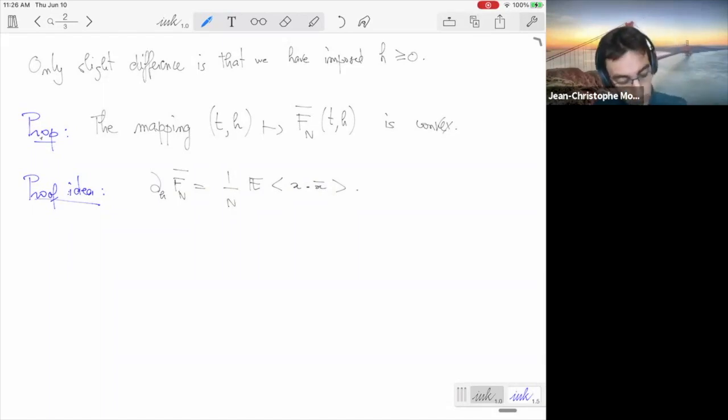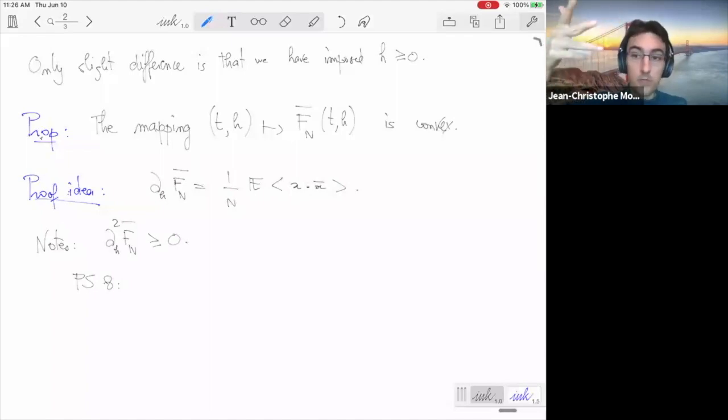So in the handwritten notes, there is a proof that indeed, if we differentiate twice, this is non-negative. And problem set number 8 is about completing the proof of this proposition. But in fact, when you differentiate in T, it's exactly the same structure again.